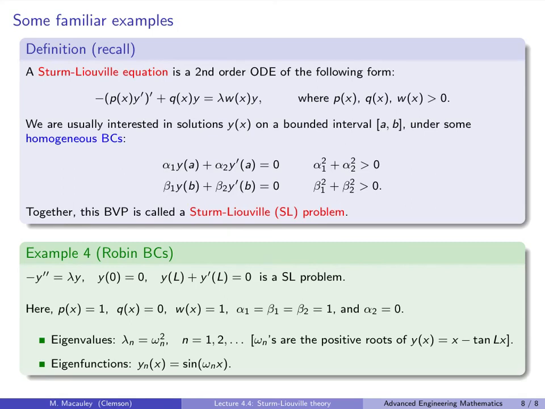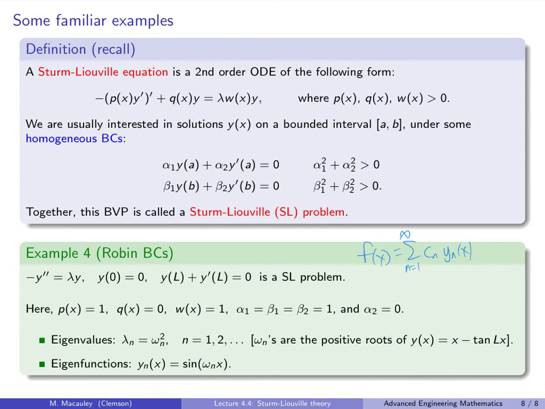So what we learned today, I didn't do an example of it, but any function that satisfies this Sturm-Liouville problem, so solves the ODE and satisfies the boundary conditions, can be written uniquely as a linear combination, so C_n times y_n of x, of the eigenfunctions.